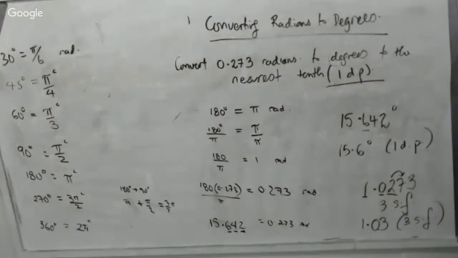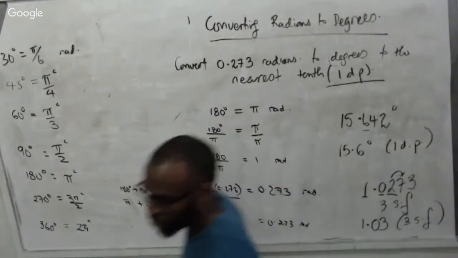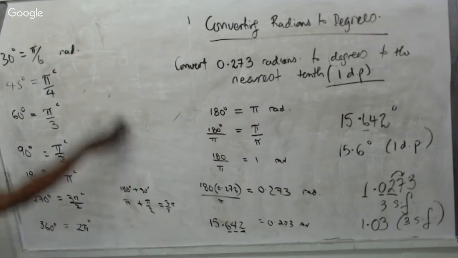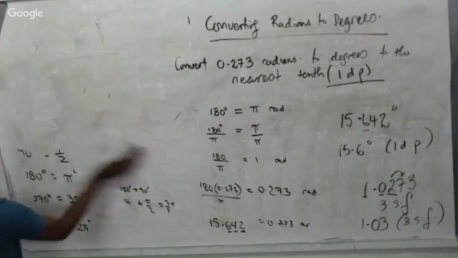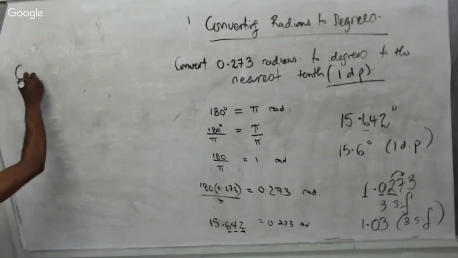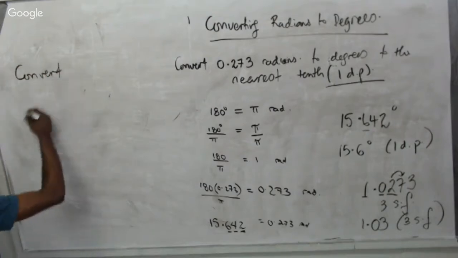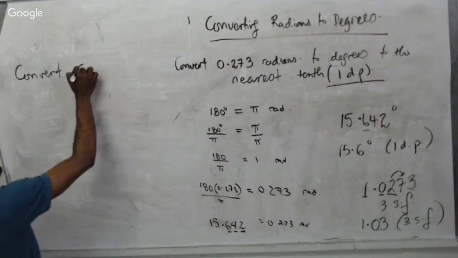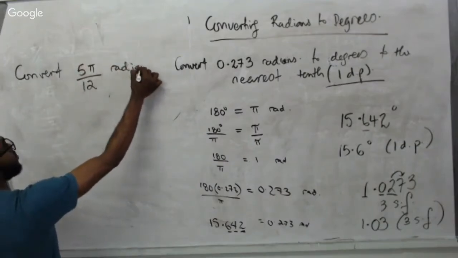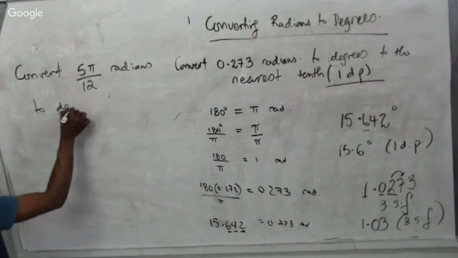All right. So Laura, will you be able to convert radians to degrees? Let's give you one for yourself. Convert 5 pi upon 12 radians to degrees.